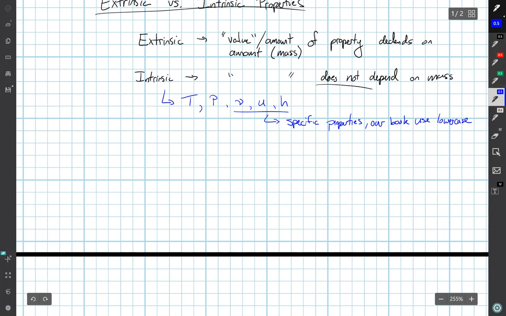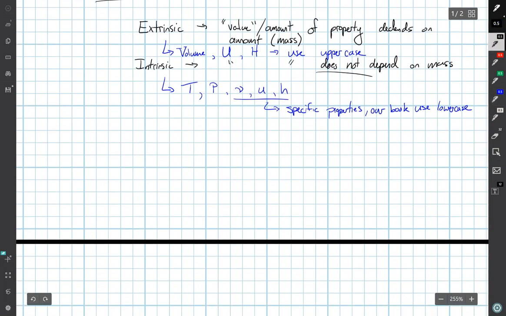Okay. For extrinsic properties, this would be something like volume, and then you'd use like capital U, capital H. So these we use uppercase.